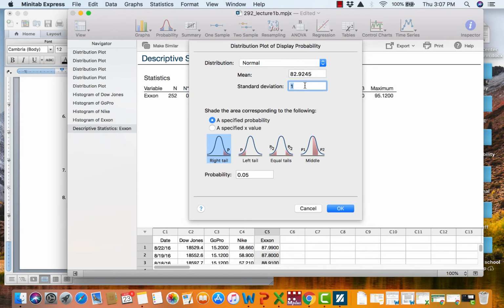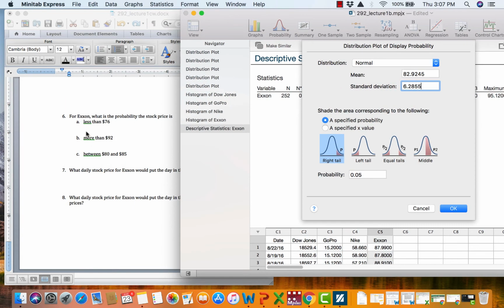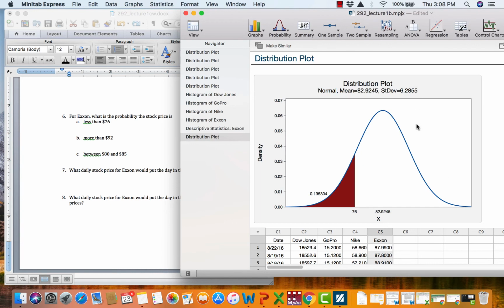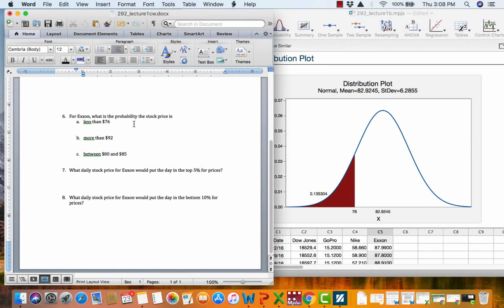I put the standard deviation in of 6.2855. And going back over to the classwork, we are interested in less than $76. So we have a specified X value, less than, and type in 76.